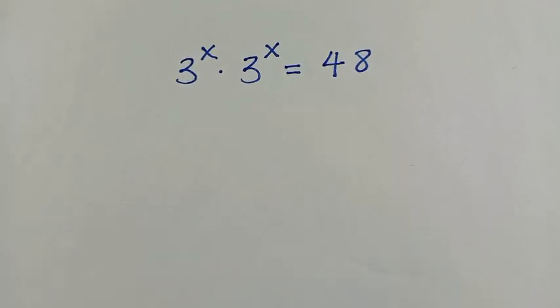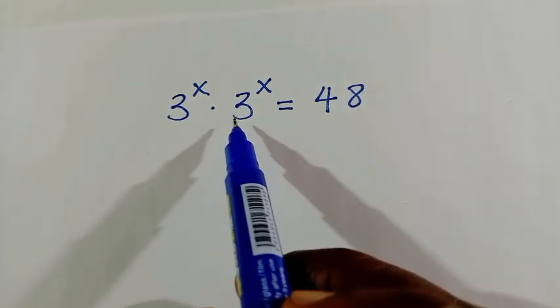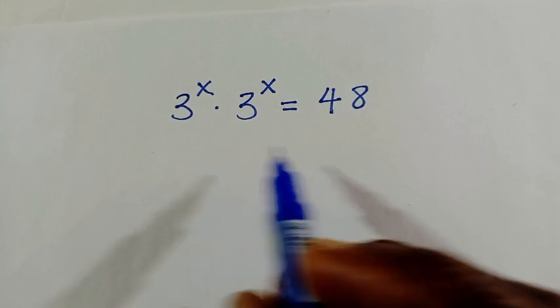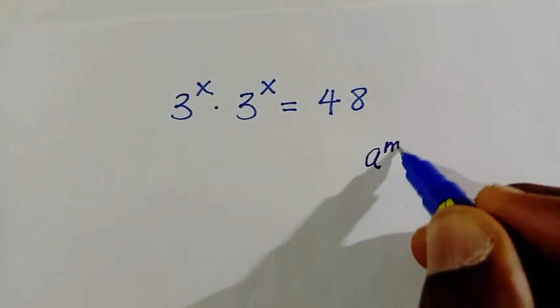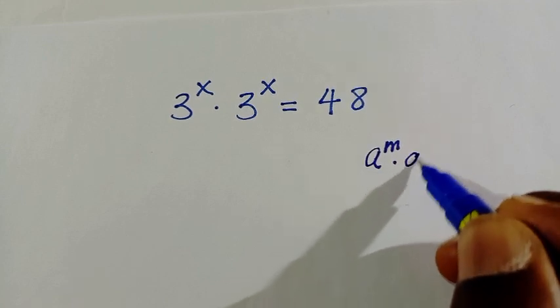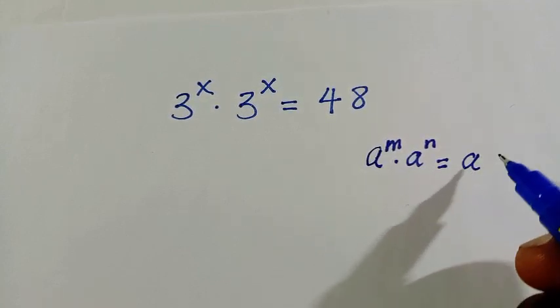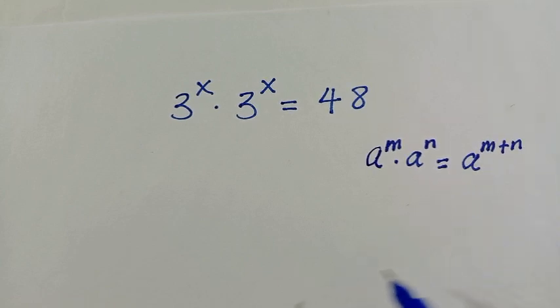How to find the value of x given that 3 to the power x multiplied by 3 to the power x equals 48. This follows when we have a raised to the power of m multiplied by a raised to the power n equals a raised to the power of m plus n.